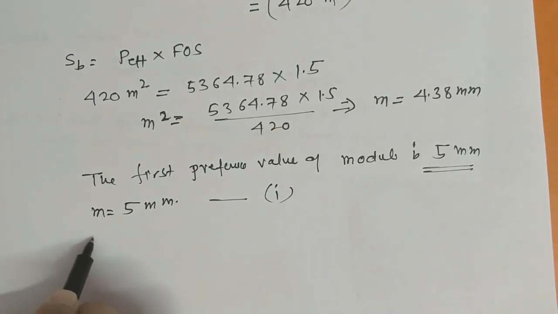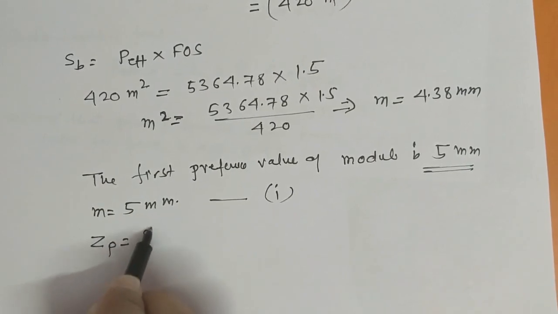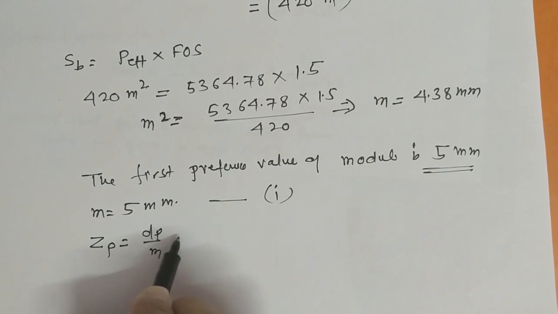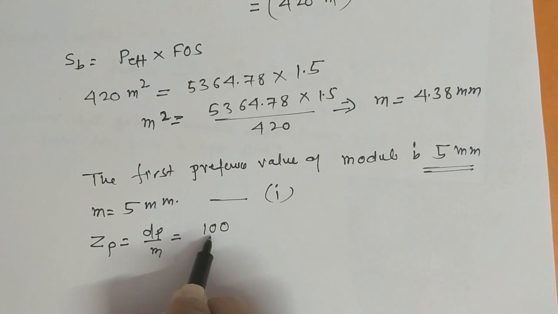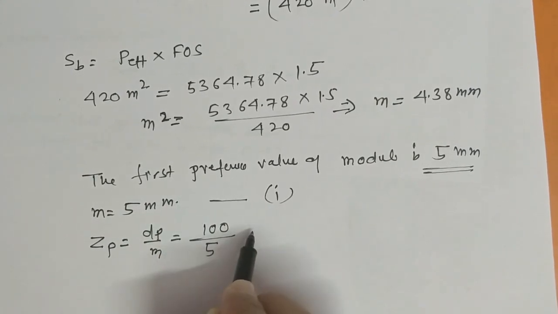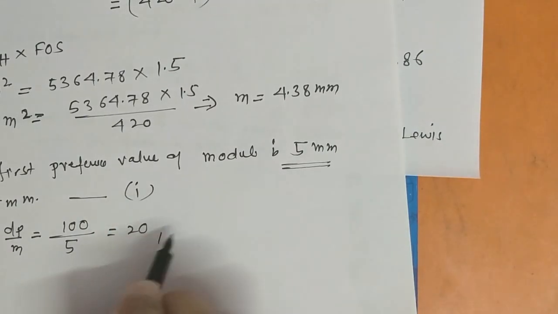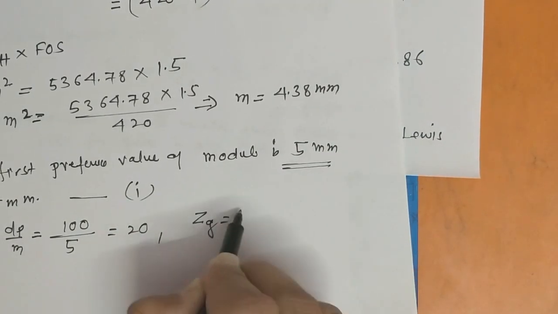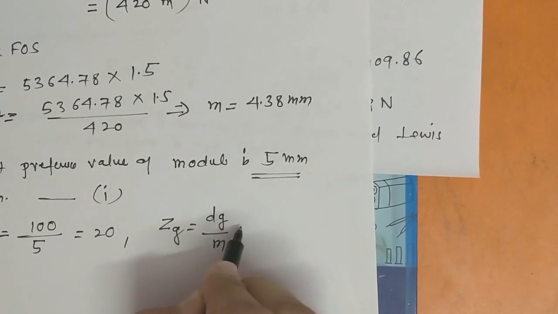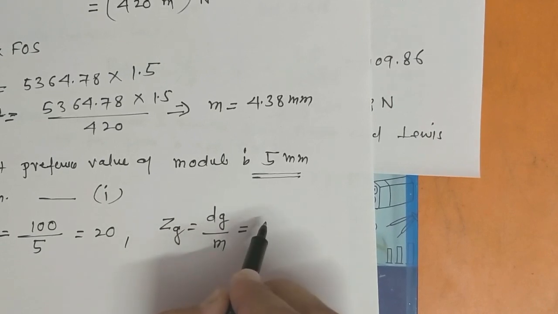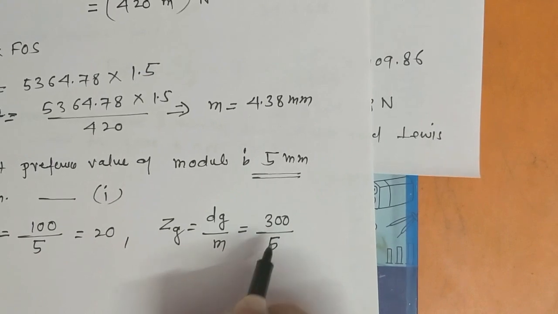Now the number of teeth on pinion is pitch circle diameter divided by module, dp over m. So dp is 100 mm and m is 5 mm, so this is 20. Second, the number of teeth on the gear, zg, equals dg over m. dg, the pitch circle diameter of gear, is given as 300 mm, divided by 5 mm module.